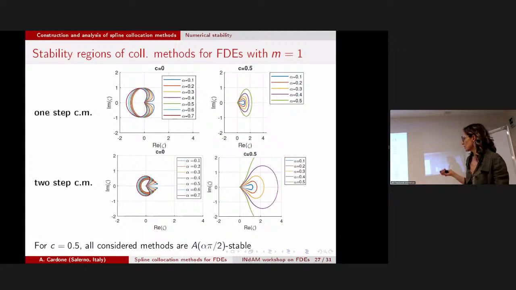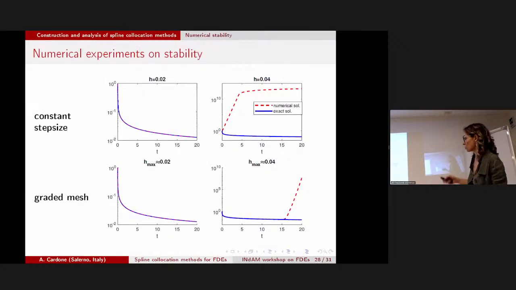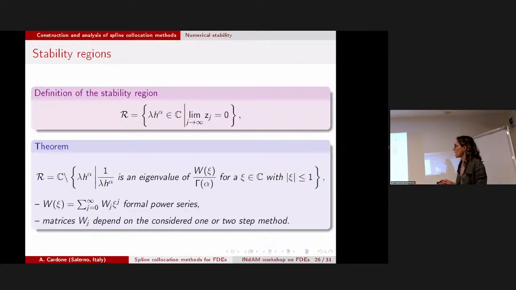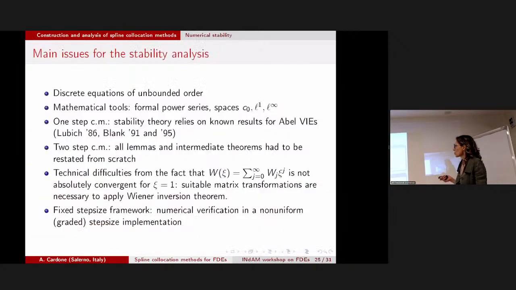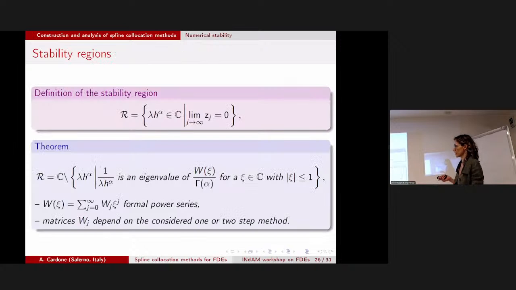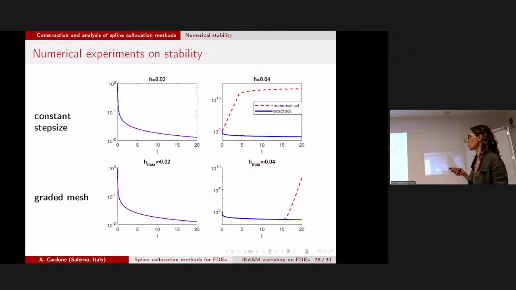One thing that I did not underline was that when we applied the numerical method to the basic test equation, we adopted a constant step size. But we said at the beginning that we apply the spline collocation methods with a graded mesh. So we tried to use the results of the numerical stability also in the context of a graded mesh.